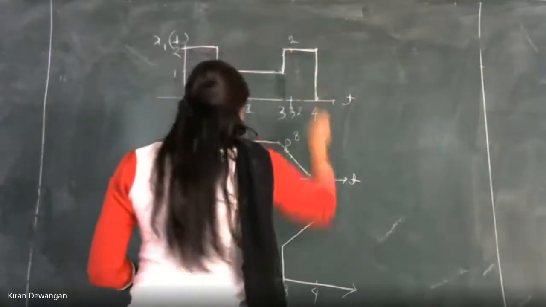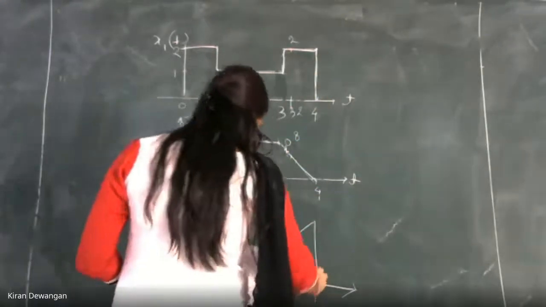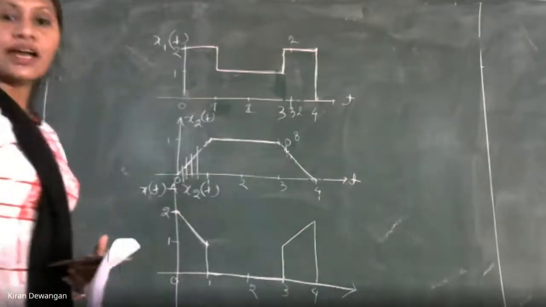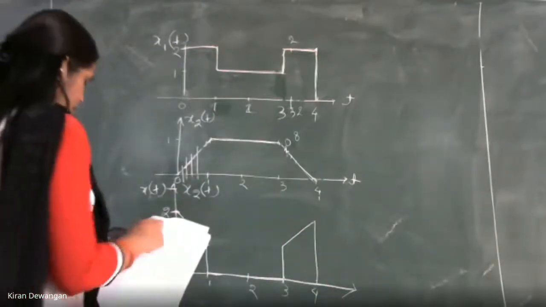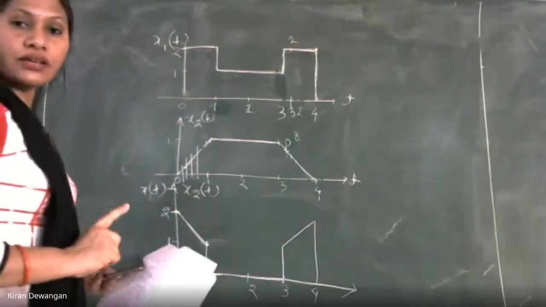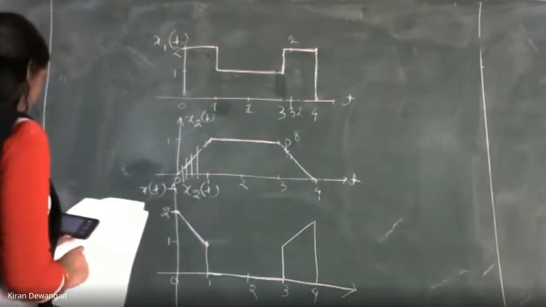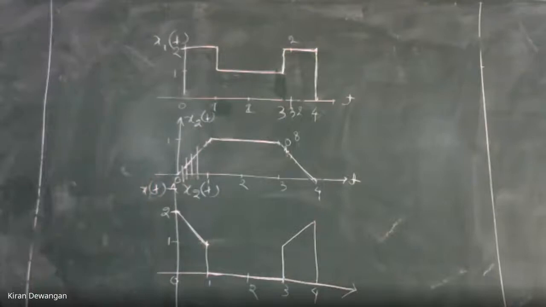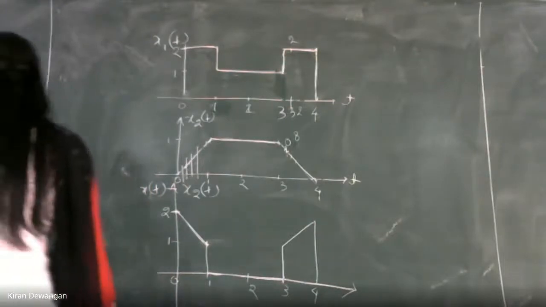Now at this point, there is a drop again. So this is how x1t minus x2t will be plotted. Is this clear? Everyone? Just tell me whether it's clear or not. Clear, right? Yes, ma'am, clear. So that is how the x1t and x2t is plotted.